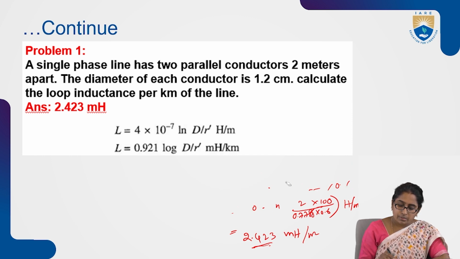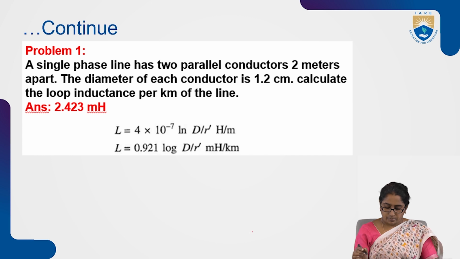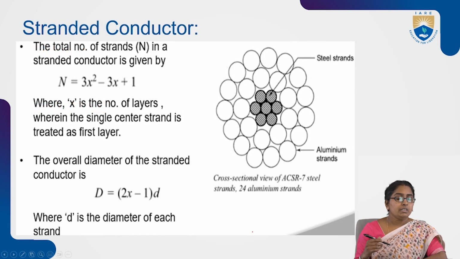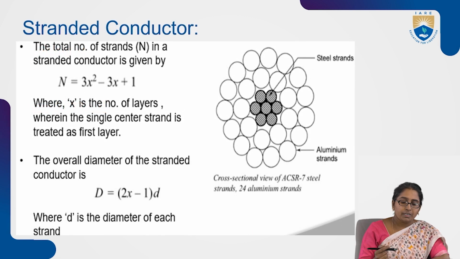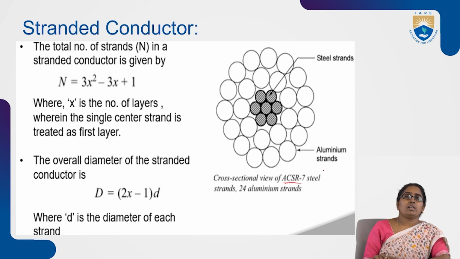Now, continuing with a small point. If we take a standard conductor, a standard conductor means there are a number of small wires wrapped together to get a large conductor. Under that we have different types of conductors. One type is the ACSR conductor, aluminum conductor steel reinforced.